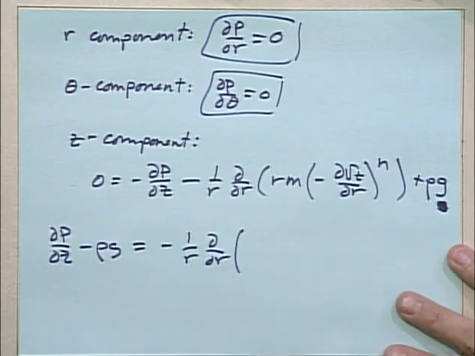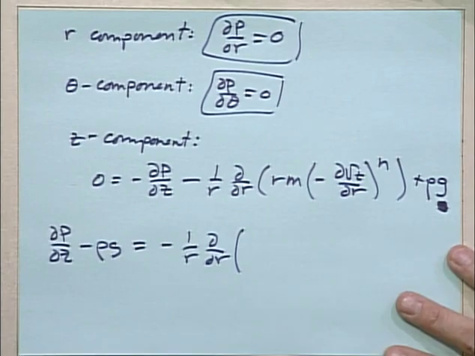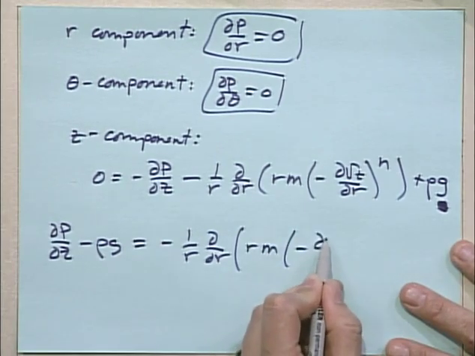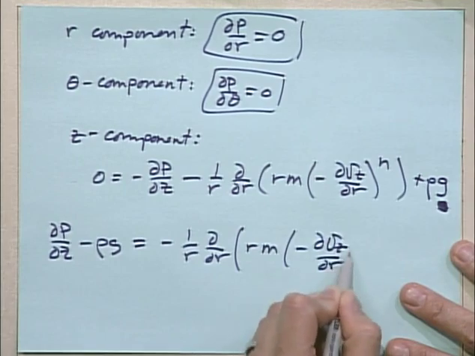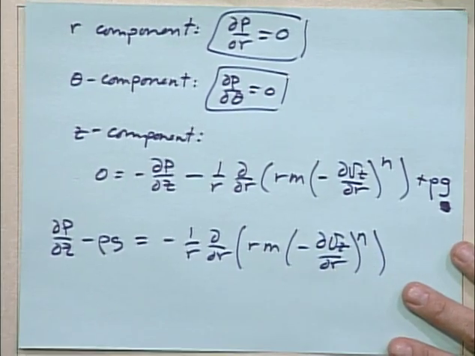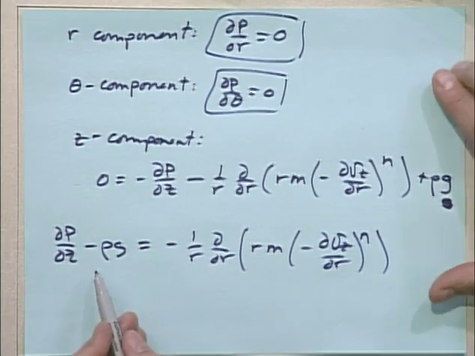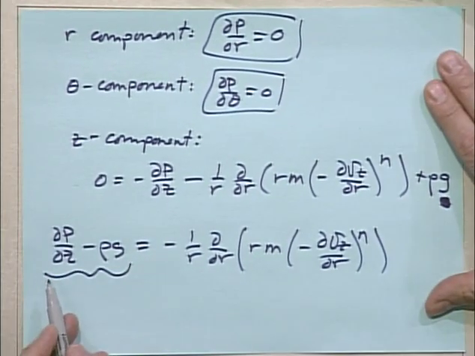I'm integrating, and if I'm integrating, I rarely differentiate first. Sometimes, but not if I can help it, because it's already been factored into things that make it easier for me to integrate. So I'm just copying this, minus dvz dr to the n, parentheses. So just like in the Newtonian case, the left-hand side is only a function of z.